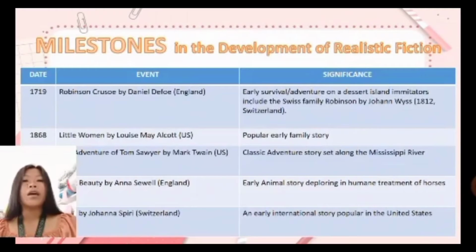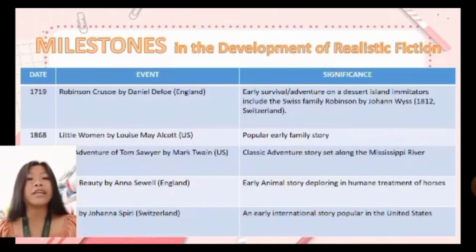So, next is milestones in the development of realistic fiction. So, ang mga story nga ang sikat sa una nga panahon. So, we have here 1719, Robinson Crusoe by Daniel Defoe, England.